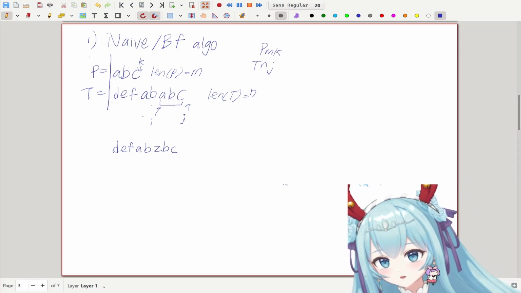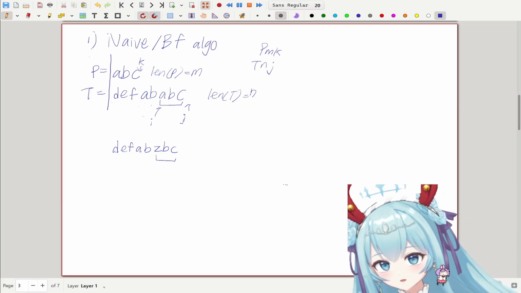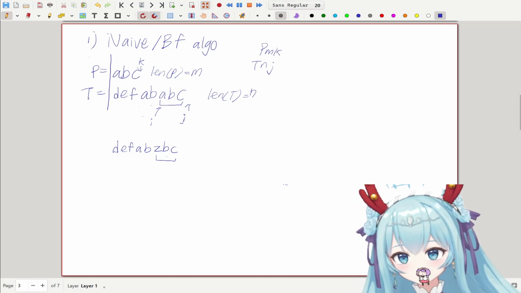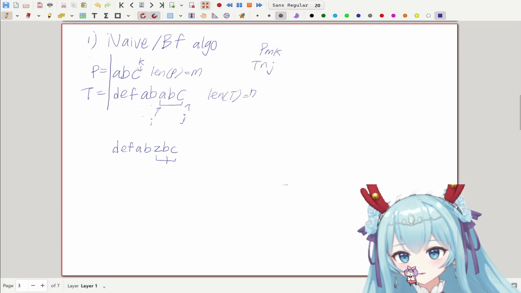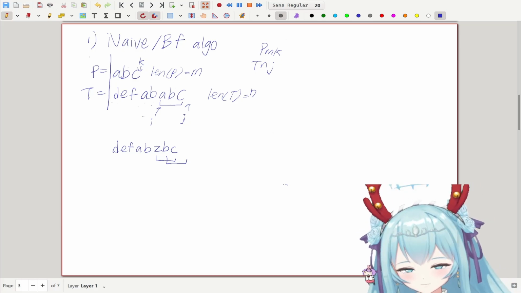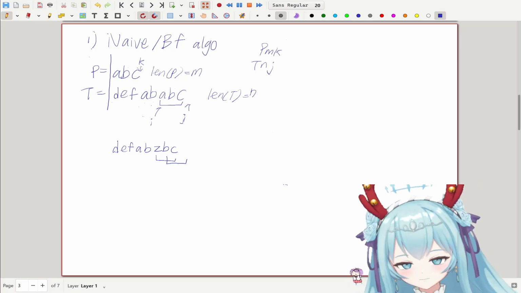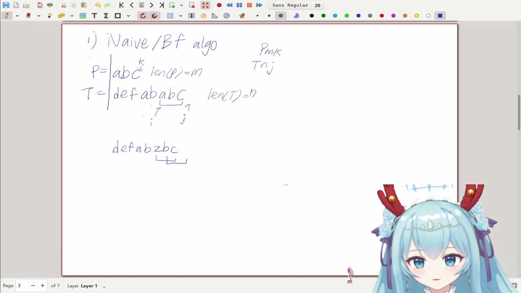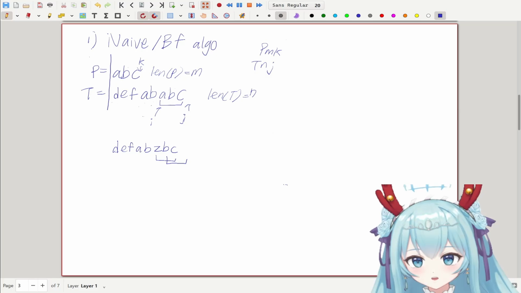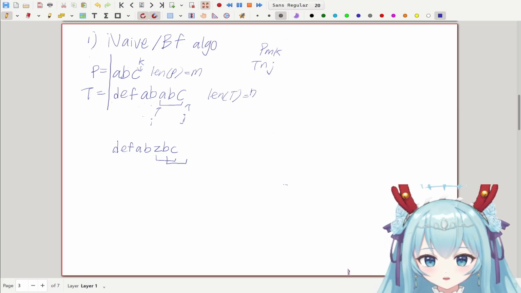So obviously, this is the last window. So if we were to move to any character after the last window, then essentially the comparison would definitely fail because there aren't enough characters left in T to match P in the first place.